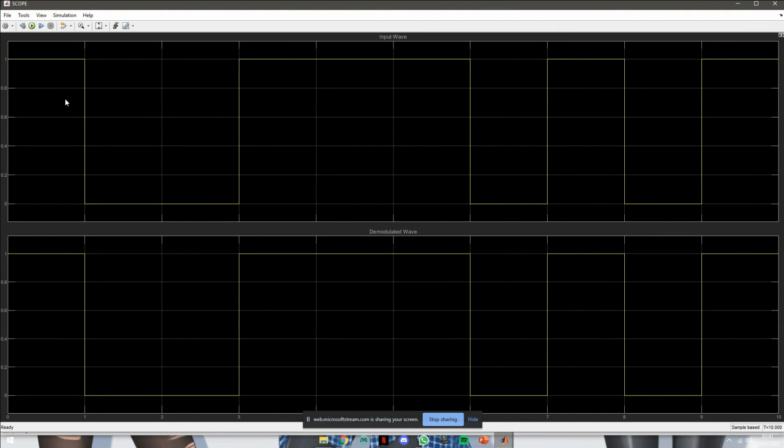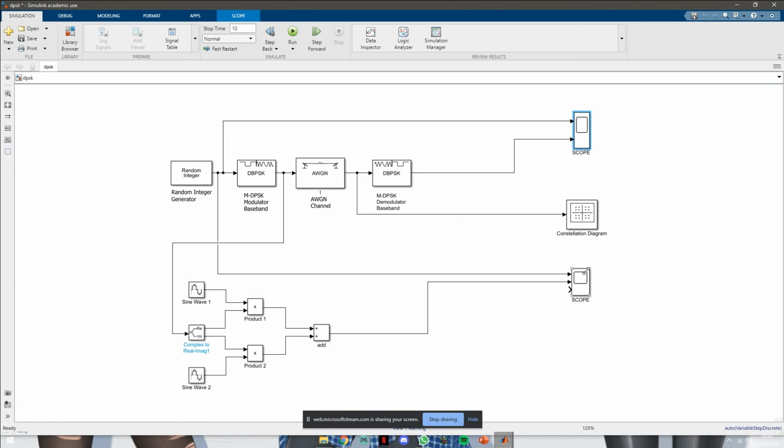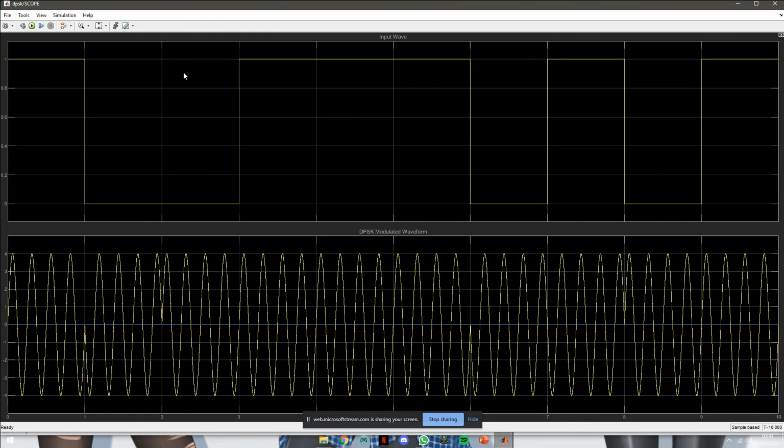So this is the input wave 100111101, and the modulator wave is 100111101. Move to the DPSK form. So this is the input wave 100111101. After modulation, this is the DPSK modulated waveform.